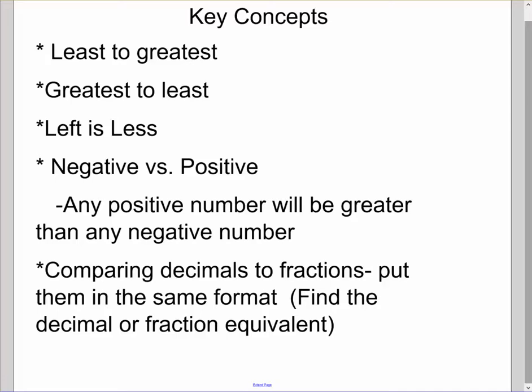Maybe it's easier for your brain to turn the decimals into fractions, or maybe it's easier to turn any fraction into a decimal by dividing the numerator and denominator and then comparing and putting them in order. Personally, that's my favorite. You have to get them in the same format to compare. So that's what we're going to work on today.